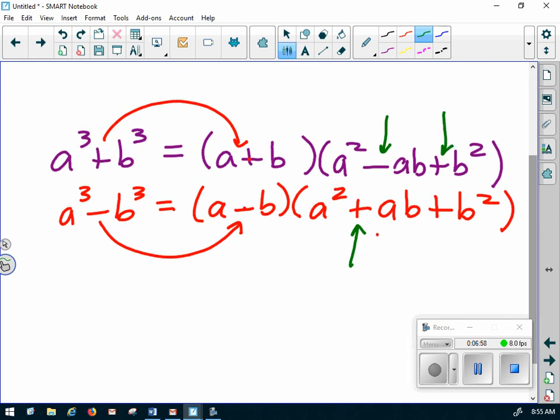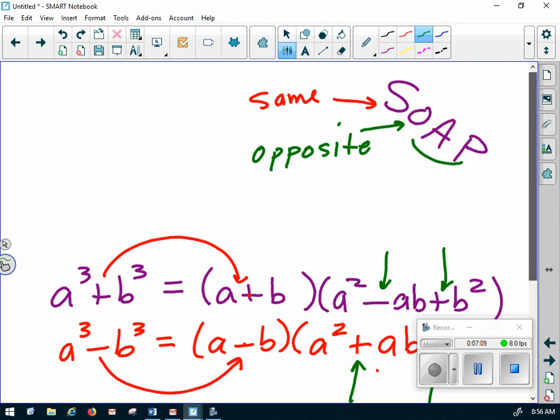Look at the last sign. Both positive, right? Always positive. So SOAP stands for same, opposite, always positive.